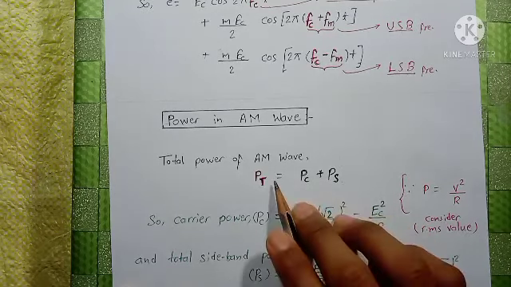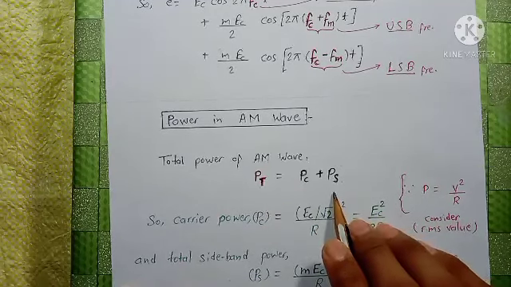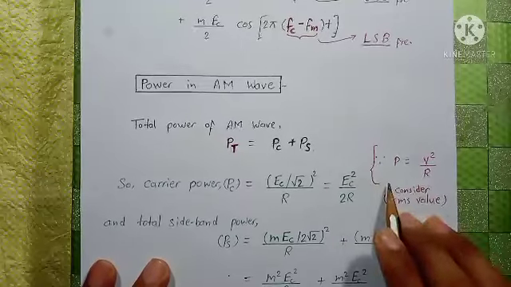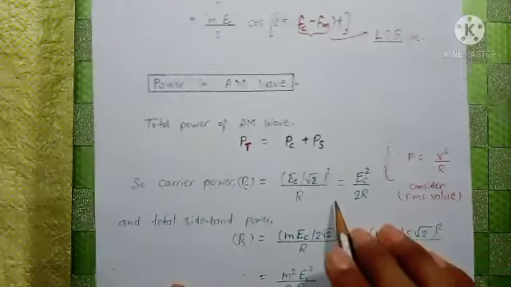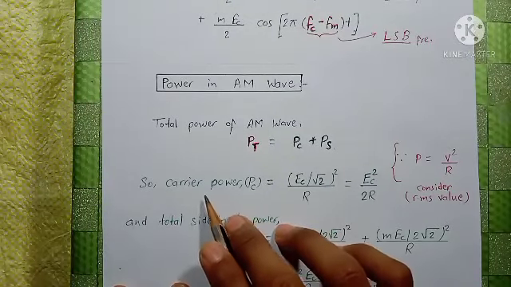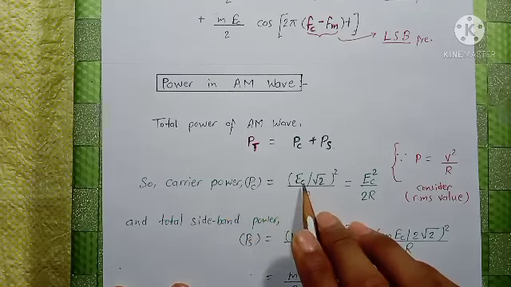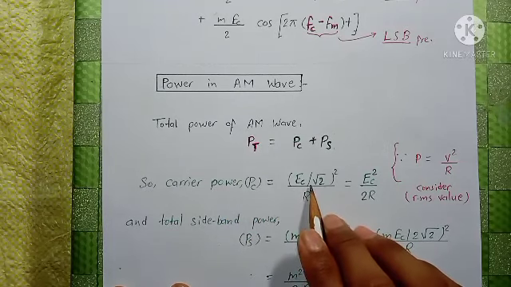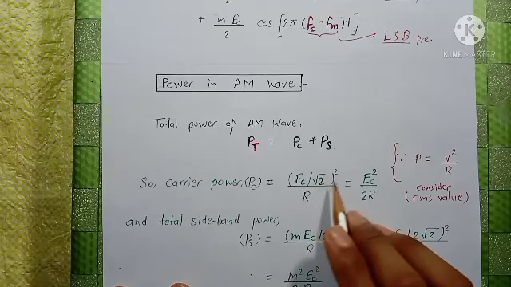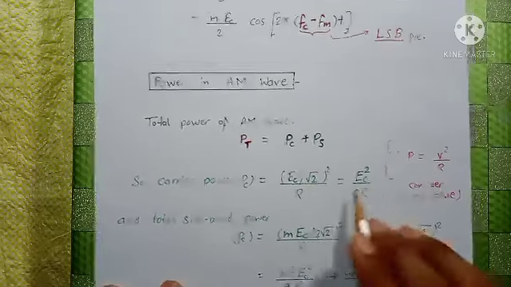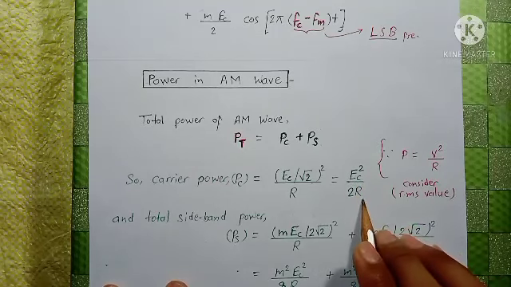So the total power of the AM wave is equal to PC plus PS, and we know that the formula of P is equal to V square divided by R. So the carrier power PC is equal to EC divided by root of 2, whole squared, over R, which is equal to EC square divided by 2R.